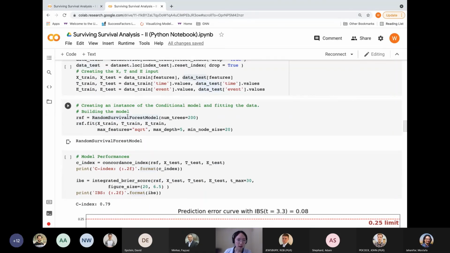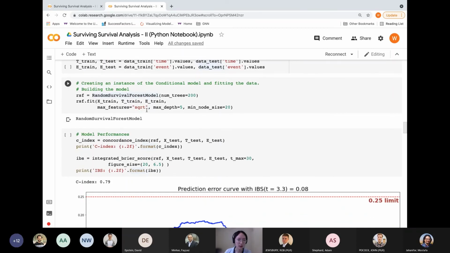In this model, there are multiple parameters that you need to set, and you can go into the PySurvival package and play with it. So here I use the number of trees as 200, and we fit this random survival forest model on this training data set.